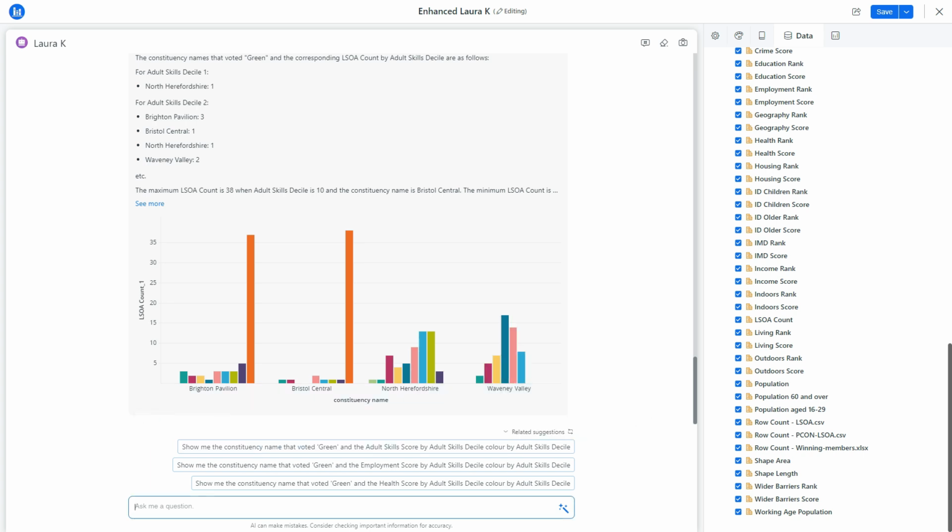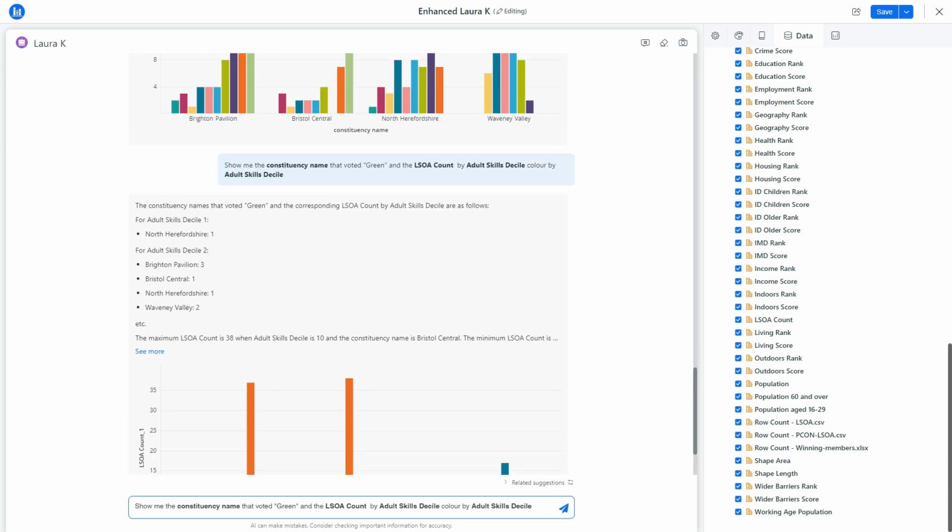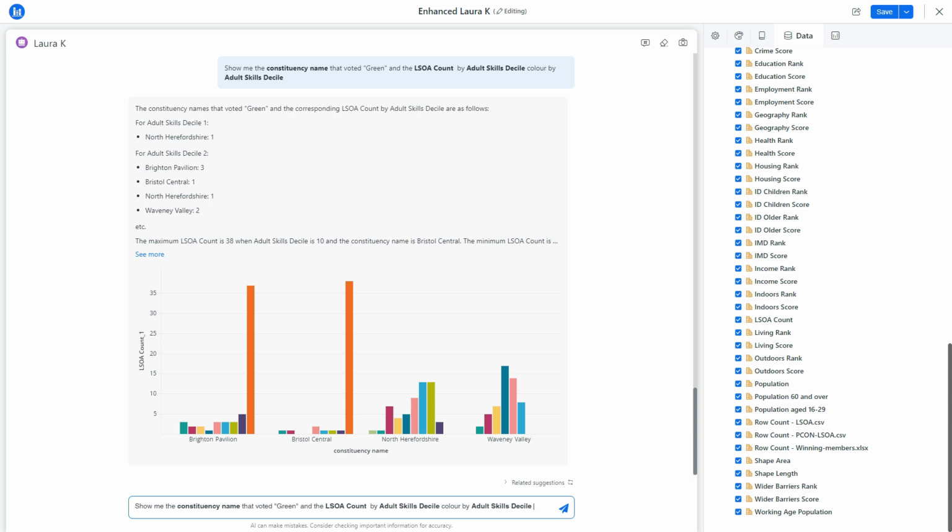Now let's have a look at employment. So again, let's ask the question again. Let's edit this. Employment decile. Color by employment decile.